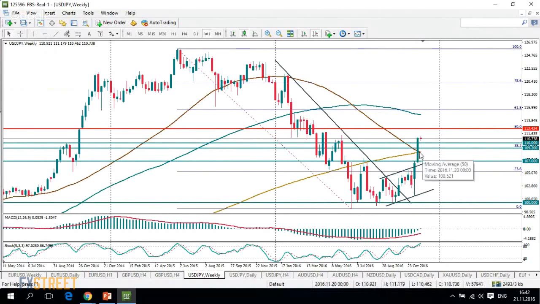Also, the moving averages on the weekly chart are about to show a negative intersection. The 50-day moving average is getting below the 200-day moving average, and we see that the stochastics indicator is in the overbought territory.